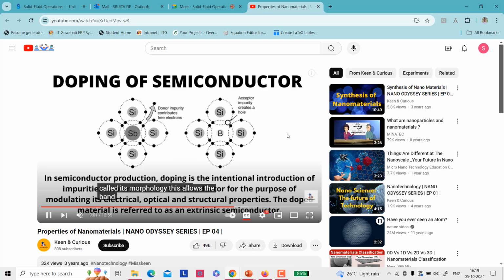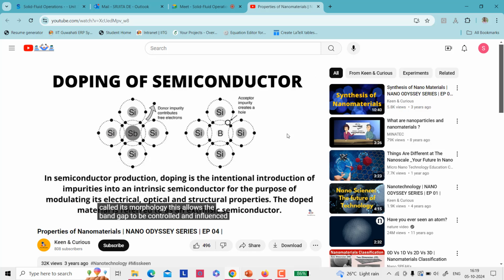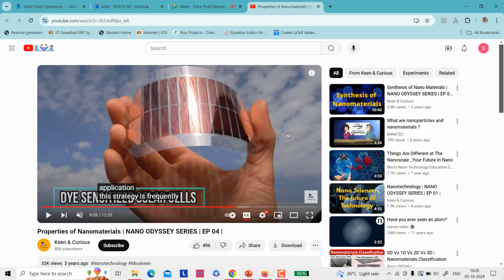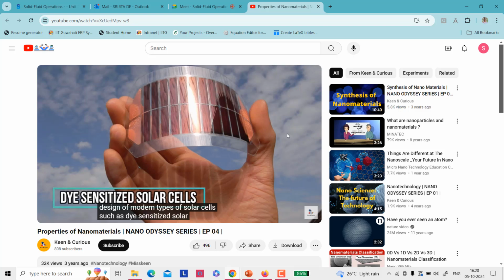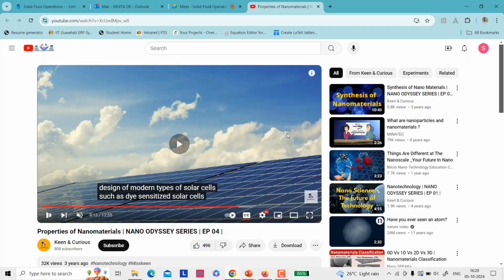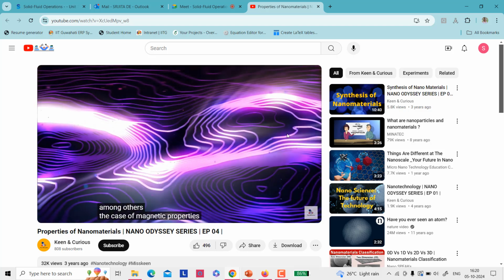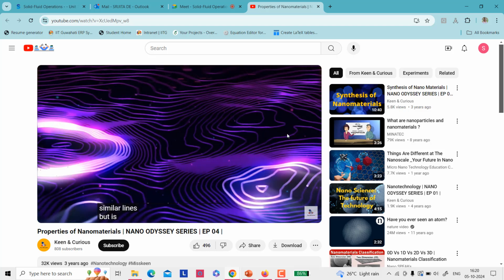Among others, the case of magnetic properties follows similar lines but is influenced by some more complicated factors, such as change in orbital configurations of electrons, change in electron spin activity, etc. These properties also depend on the polarizability of the nanomaterial, which can be altered by doping and morphological control.